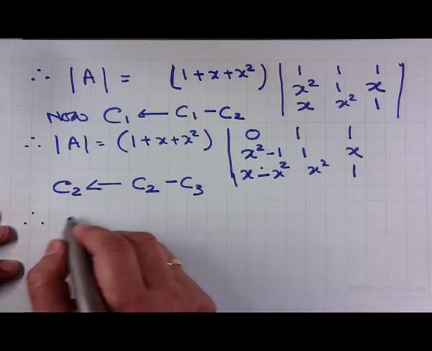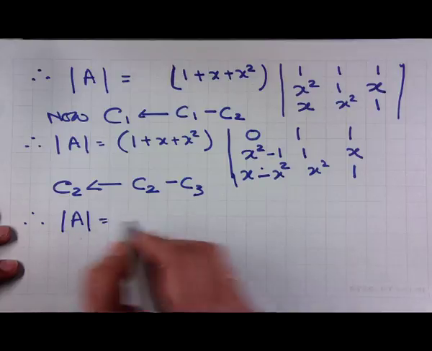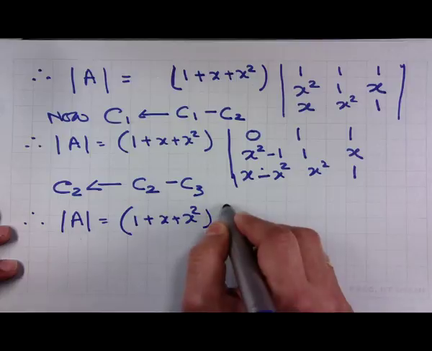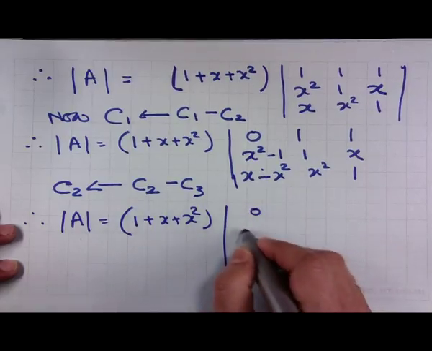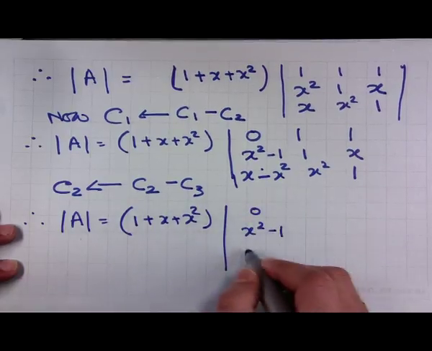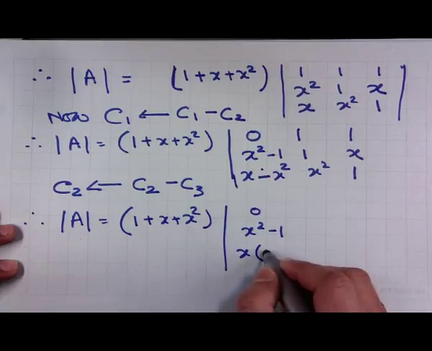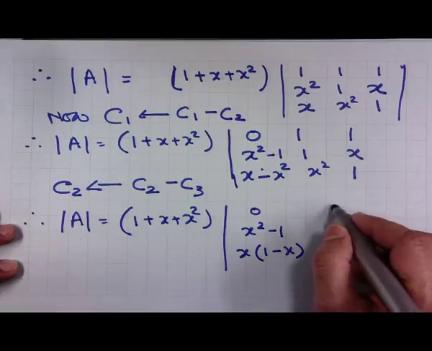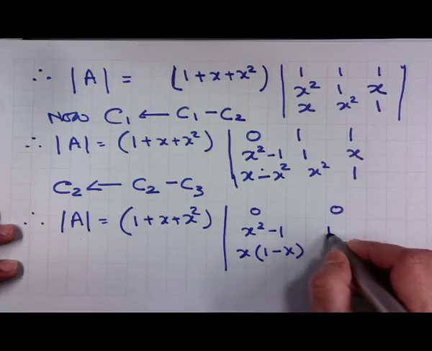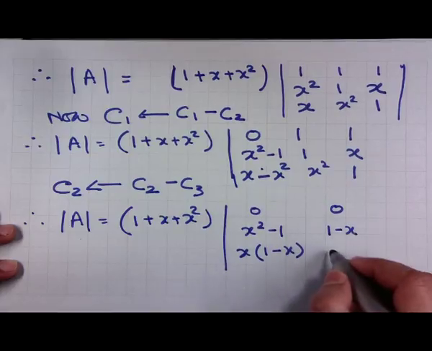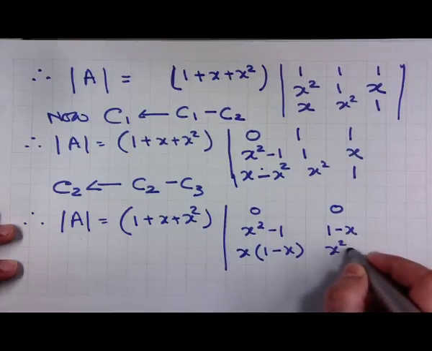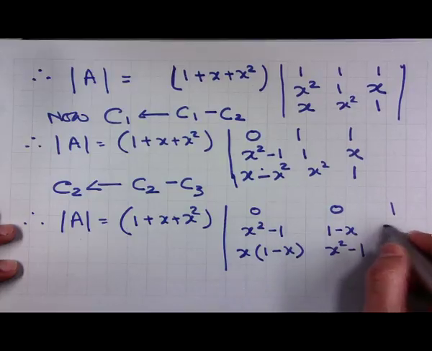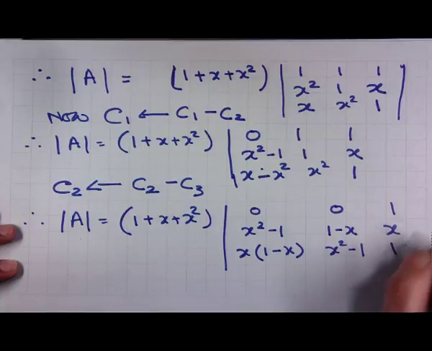After doing that, we find that the determinant of A is equal to 1 plus x square into the matrix with rows 0, 0, 1; x square minus 1, 1 minus x, 1; x minus x square, x square minus 1, x.